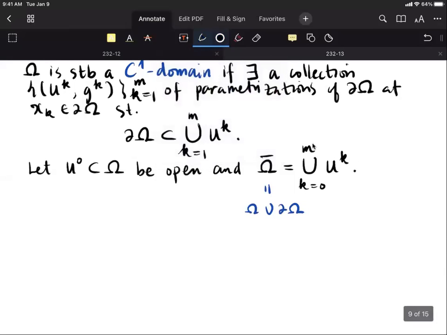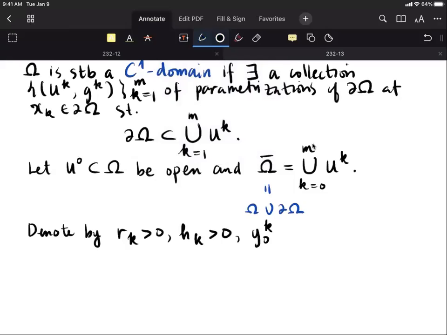Okay, so let us denote by Rk positive, Hk positive, y naught k, the reference point of the kth parameterization.